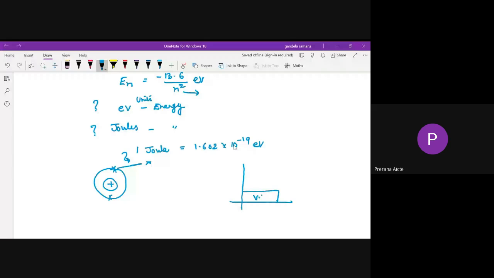That is called the forbidden gap. When it becomes a free electron, that band is the conduction band. This electron will not stay in between the valence band and conduction band. So this is called the forbidden gap.